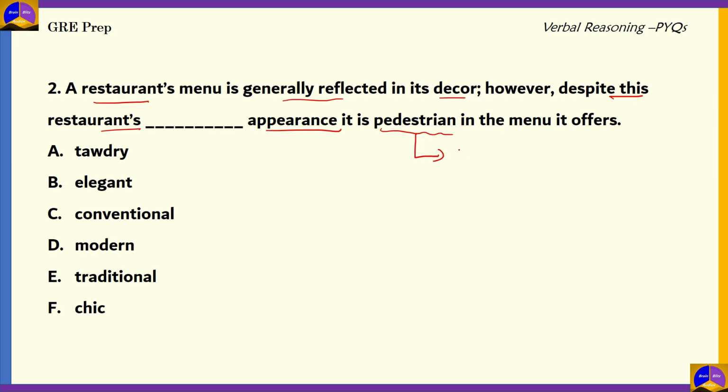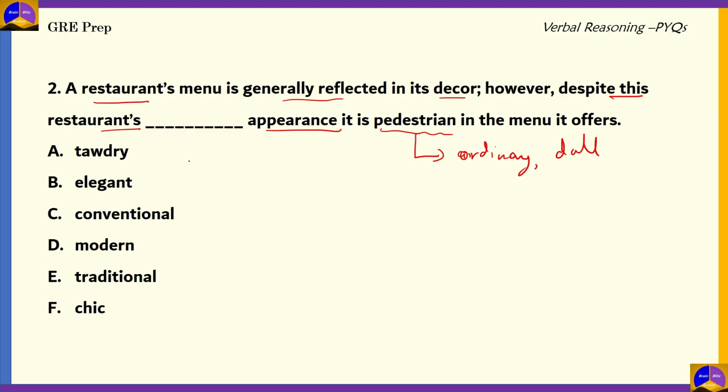Now pedestrian, the word, can be used in settings that mean ordinary or dull. So basically we need to find a word that fills the blank, which means the opposite of pedestrian. So which means something that's not ordinary or dull.